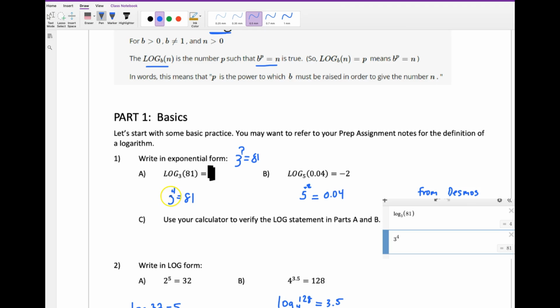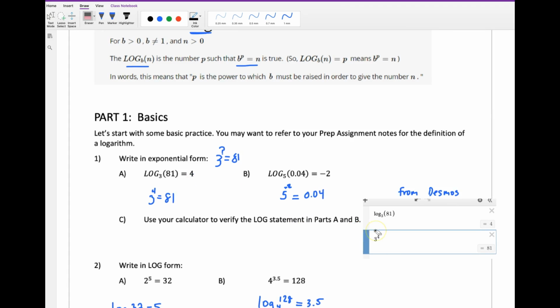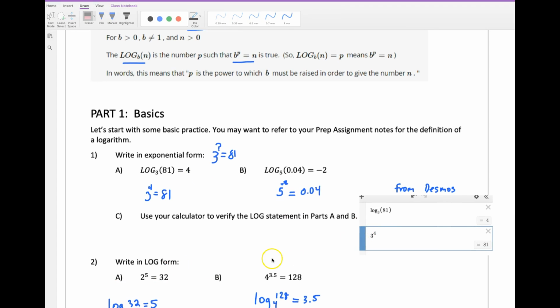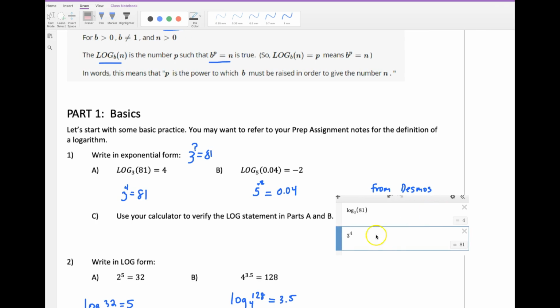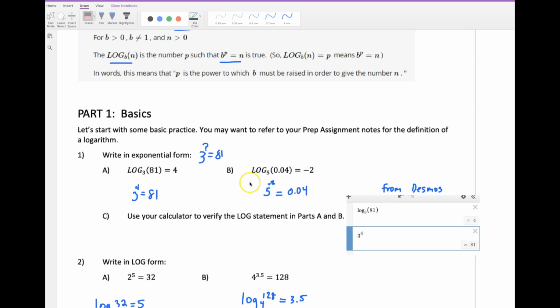We find out that that is 4. And so that's why this answer here, log base 3 of 81 equals 4. You can see this is the output from Desmos, how you would type that in there. Log base 3 of 81 equals 4. And so because it's really asking you an exponential function question.